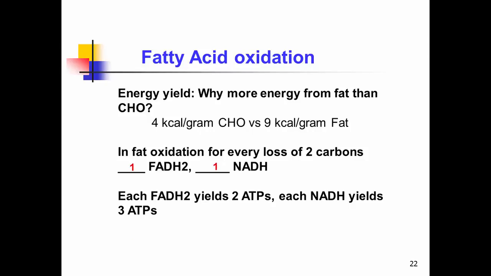And each FADH2 we know can produce 2 ATPs, 1 NADH can produce 3 ATPs. Remember, this FADH2 and NADH are all generated in the mitochondria, so we don't need to go through that different shuttle. So NADH always produces 3 ATPs in the mitochondria once it's made in the mitochondria.